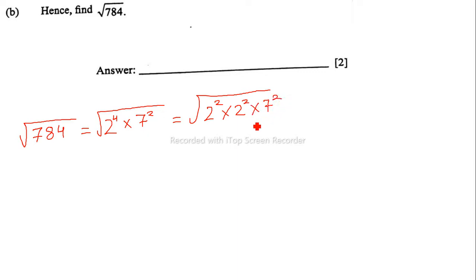And now we could split it. So it's going to be equal to the square root of 2 to the 2 times the square root of 2 to the 2 times the square root of 7 squared.